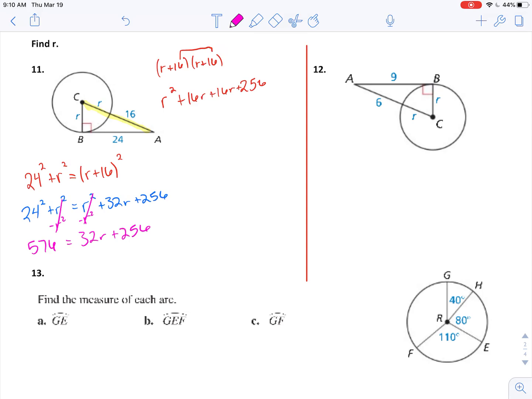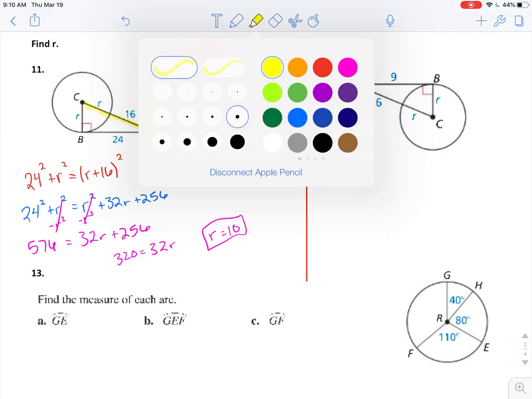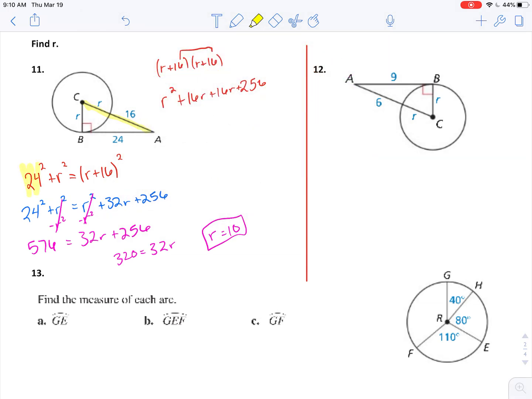And if I subtract the 256, then 320 equals 32R. R must be 10. Why don't you guys set up the next one here? Be very careful though. First step you want to do is make sure you've got your R plus whatever for the hypotenuse. And then don't forget to FOIL to simplify that right side.